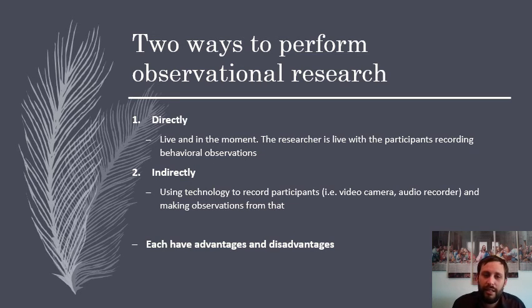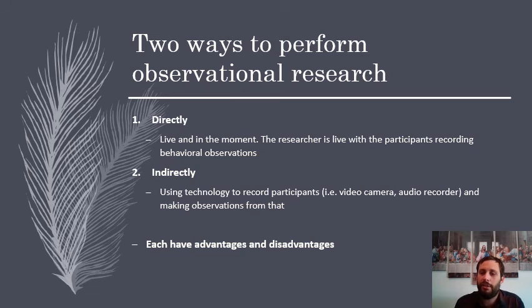Now, as you can probably already think about, there are clearly advantages and disadvantages to each. With directly observing an individual, there are a lot of characteristics of an observer coming into the environment that come into play. When an observer is observing people, do people act the same when the observer is in the environment with them? Conversely, with indirect observation, you lose a lot of aspects associated with live, in-the-moment recording.